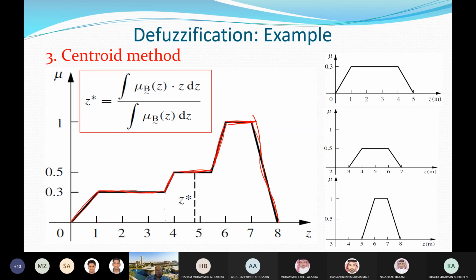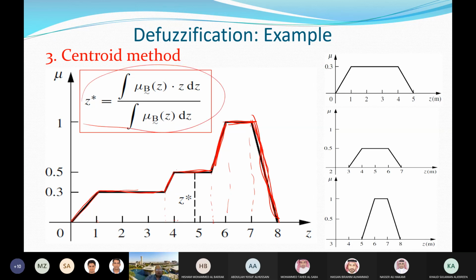And this between 3.5 and 4, and this will be between 4 and 5.5. And this equation will be integrated between 5.5 and 6, and between 6 and 7 you have this one, and between 7 and 8 you have the straight line equation for this.